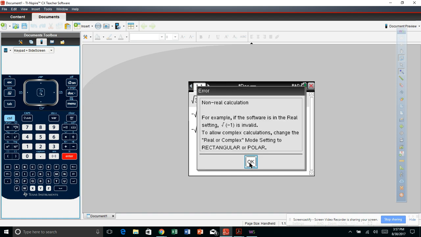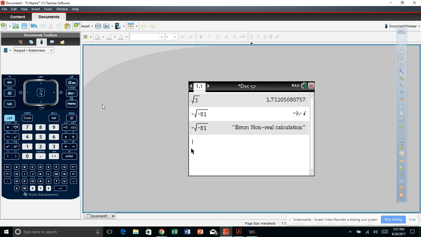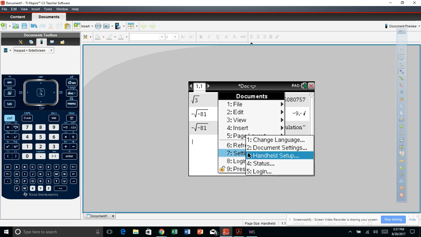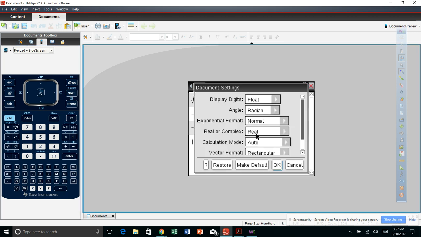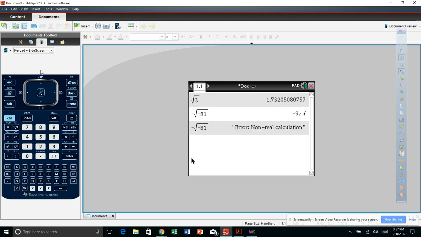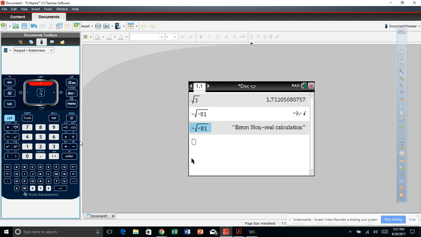If you get that, you need to go doc 7 2 and change it from real to rectangular. Press OK. And then you can go up there and grab it, and that will fix that. All right, good job. Good job.